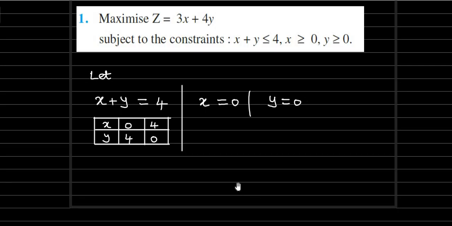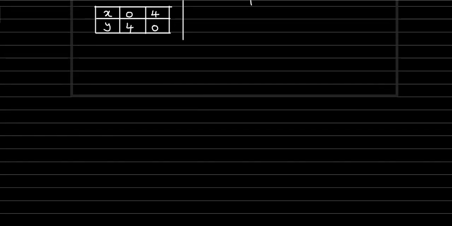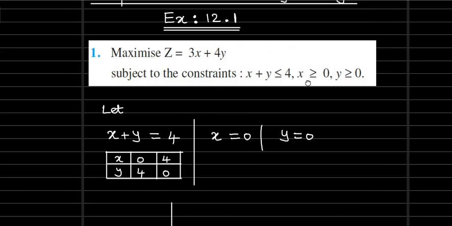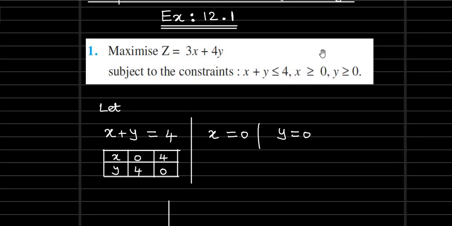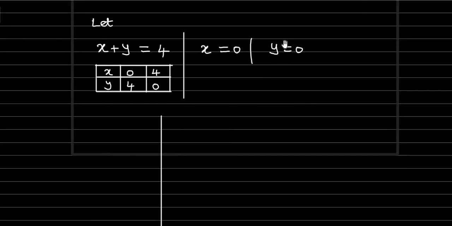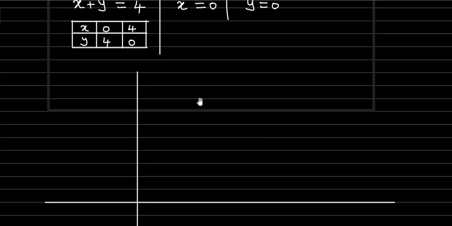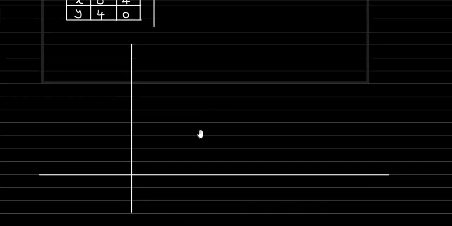Now let's start drawing the graph. We know very well that all this linear programming, this particular application based sum, always we will have in the first quadrant. Since x greater than or equal to 0 and y greater than or equal to 0, it means that our solution always will be in the first quadrant. So give more space for the first quadrant.